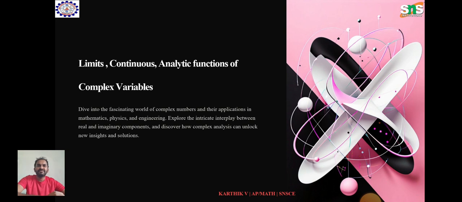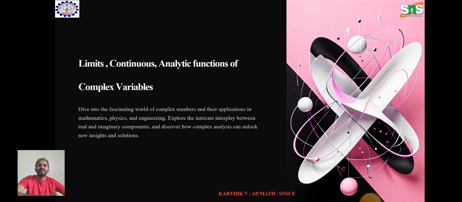For a complex function f(z), where z = x + iy, as z approaches a complex number a = x0 + iy0, we say f(z) tends to limit L if for every positive number epsilon there exists a positive number delta such that if 0 < |z - a| < delta, then |f(z) - L| < epsilon. This is the definition of limits in real analysis.